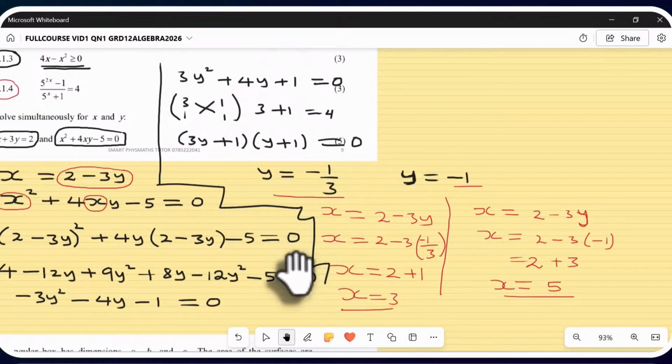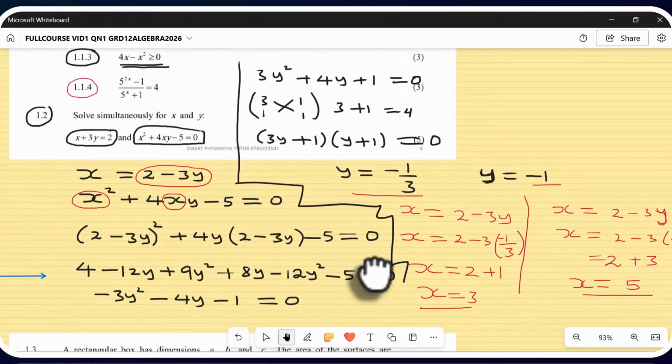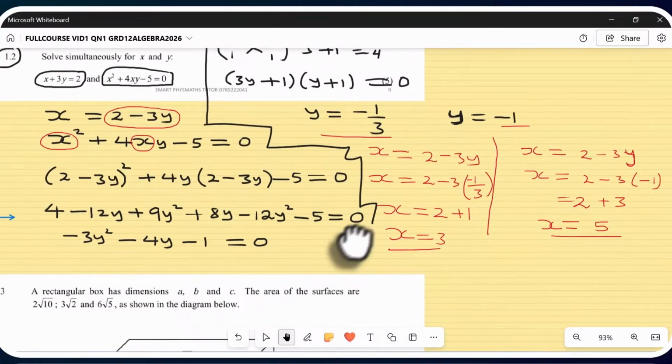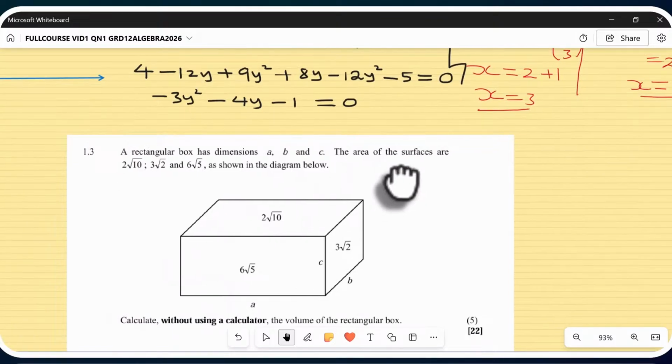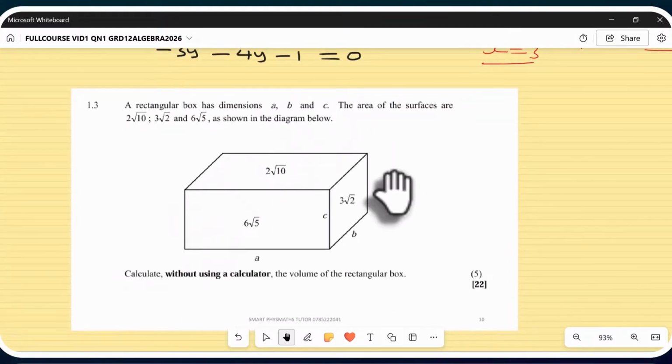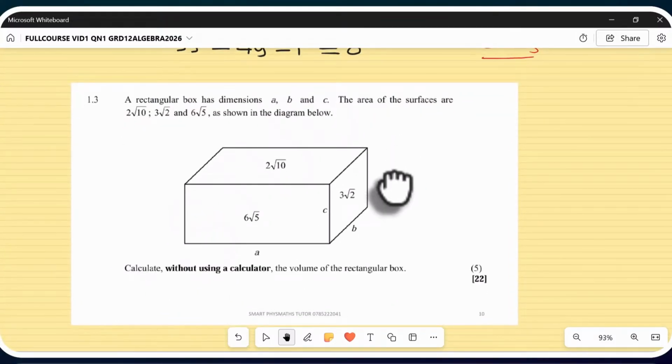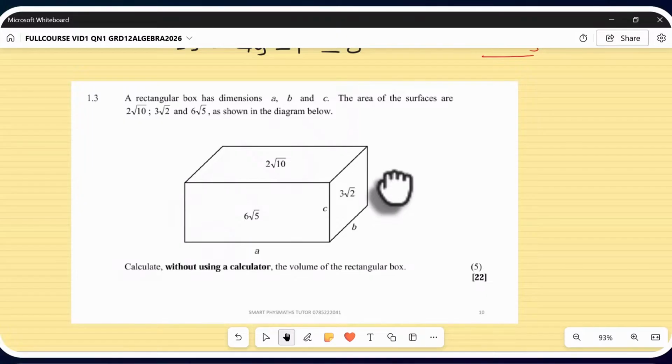If this is the front side, this is A, this is C. Don't forget the volume of this rectangular box.